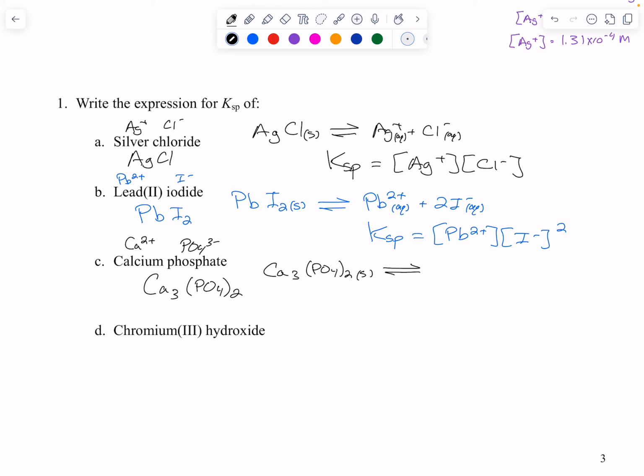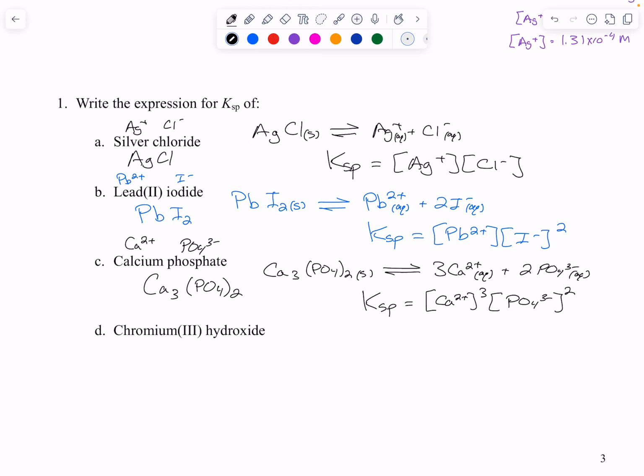Okay, there is no shame in writing these out. 3 calciums, 2 phosphates. So Ksp would be concentration of calcium ion cubed and phosphate squared. All right, it's very easy to mess this up if you don't take your time.